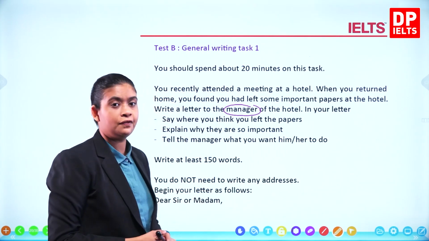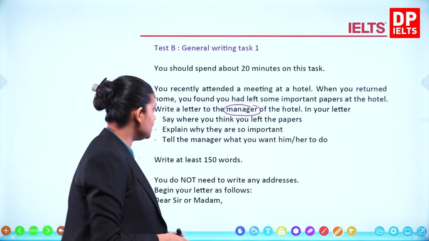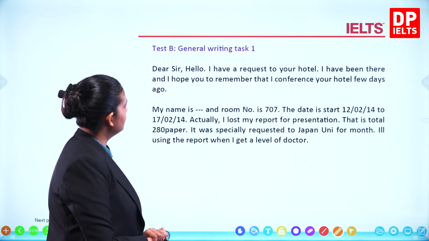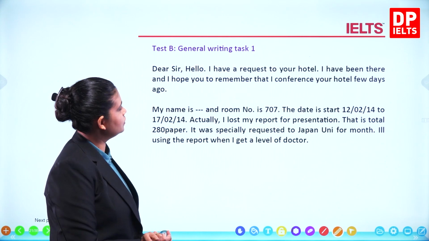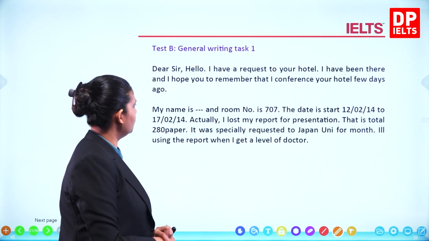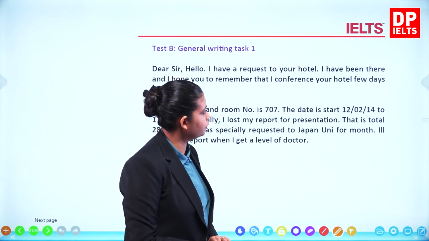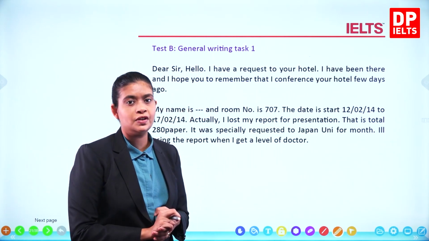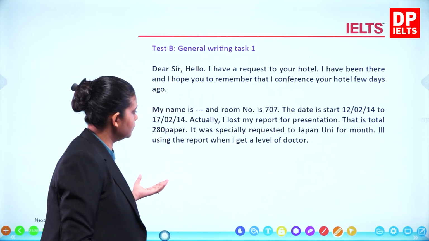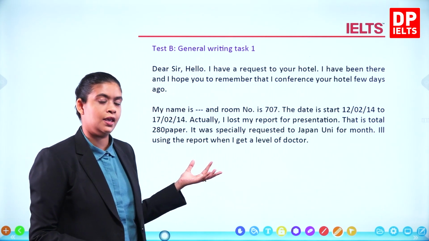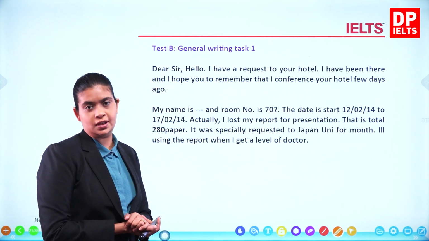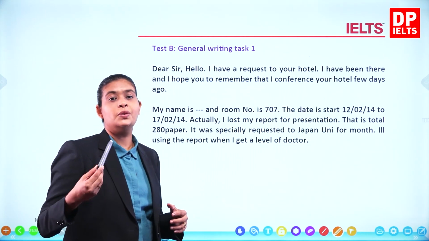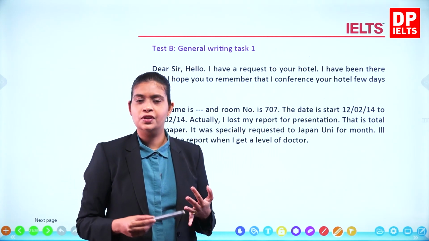Alright, so I hope you would have finished writing your answer by now. Let's have a look at a sample answer that a student has written. Dear sir, hello, I have a request to your hotel. I have been there and I hope you too remember that I conferenced your hotel a few days ago. So you can see that there are grammar errors. The student has not written enough words, okay. So this kind of answer would give you a 4.5 roughly, because you haven't really answered the questions.